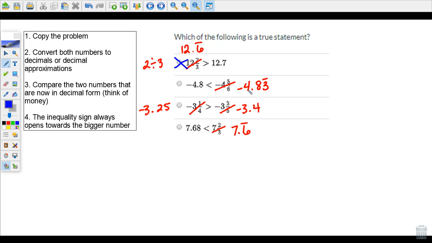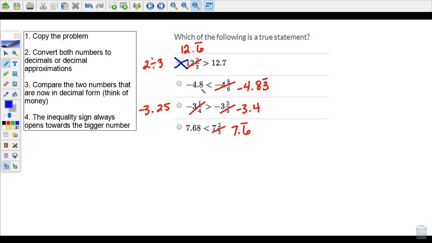And this one, they are negatives. So negatives is a little bit backwards. We're trying to determine which one is further away from 0. That's the smaller one. So the one that actually looks the biggest, if you would just ignore the negative signs, is actually the smaller one. They both have a 4 as a whole number.